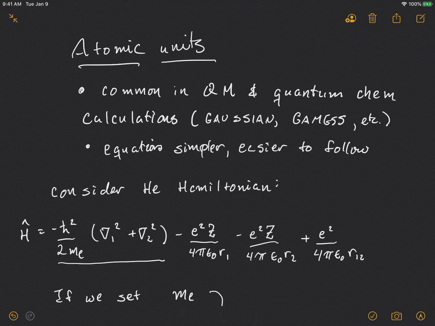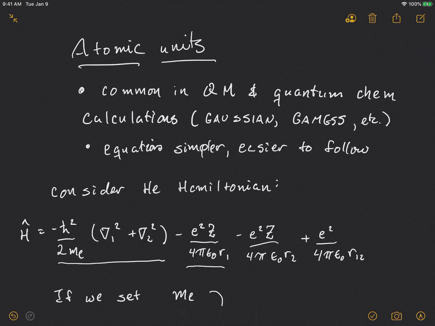Then after that, we have the Coulomb interaction between the nucleus and the first electron. That's going to be e squared z over 4 pi epsilon naught r1, with a minus sign, since it's an attractive Coulomb interaction between different charges: positive charge on the nucleus, negative charge on the electron.